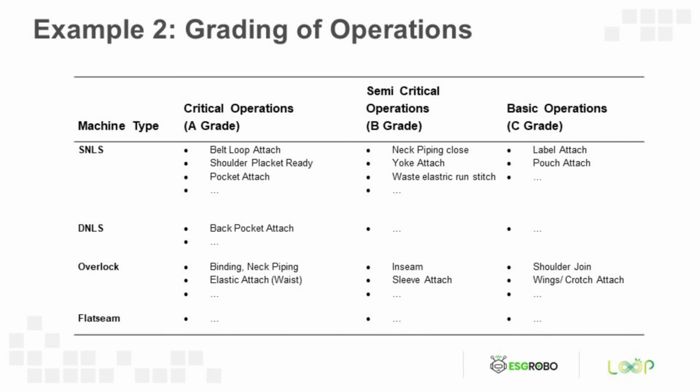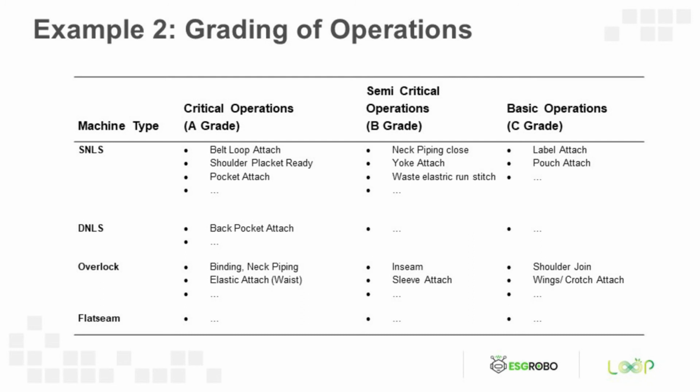Another way of organizing it could be that the categorization is done by each machine type, and based on the complexity of operation, a minimum proficiency level can be defined for each operation as per the machine type. In the example that we have shown, there are machine types like single needle, double needle, overlock and flat seam, etc. For each of them, the operations can be defined.